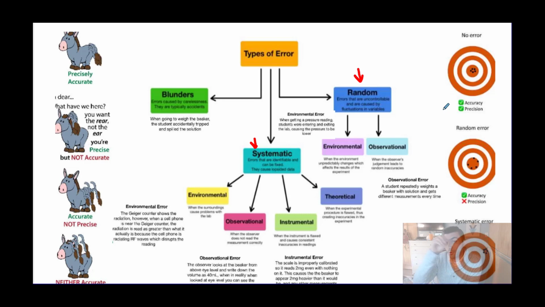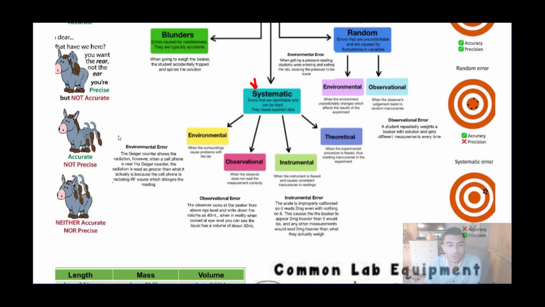Accuracy has to do with how close an experimental value is to the quote-unquote true value, and precision has to do with, when taking repeated measurements, how close am I getting to the same value? So I know we used the dartboards in class. I thought the pin the tail on the donkey was a pretty good, fun example of the difference between precision and accuracy there, so you can review that.